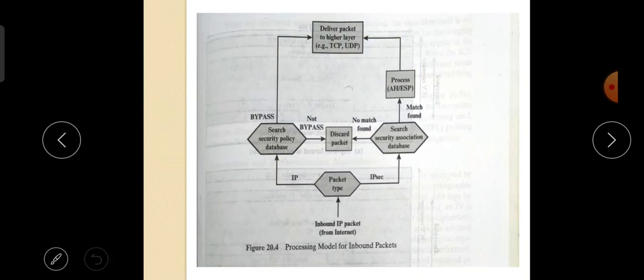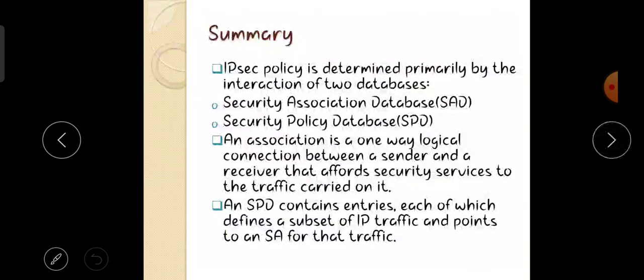And so we can conclude our section. In this presentation, we discussed IP security policy, which is determined primarily by the interaction of two databases: the Security Association Database and the Security Policy Database.